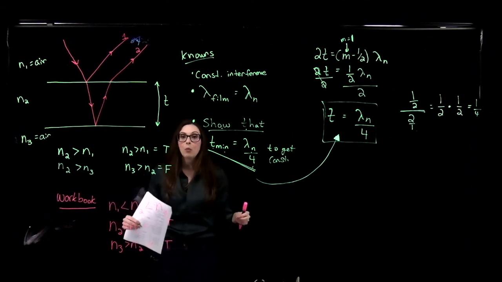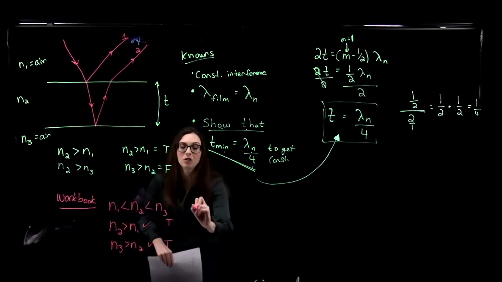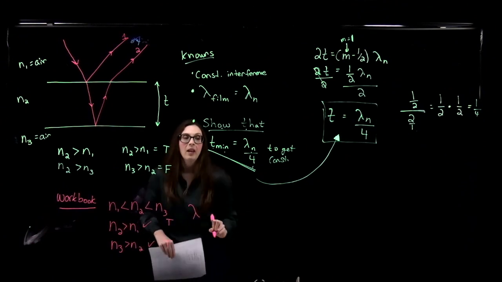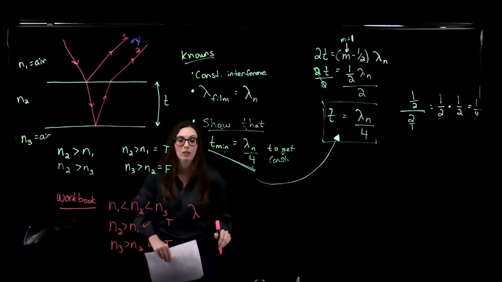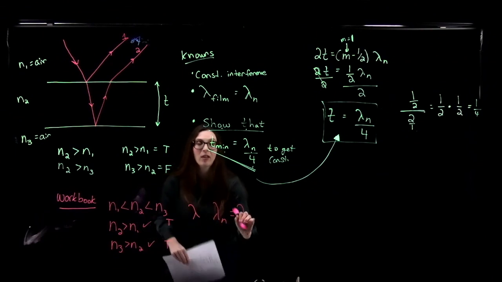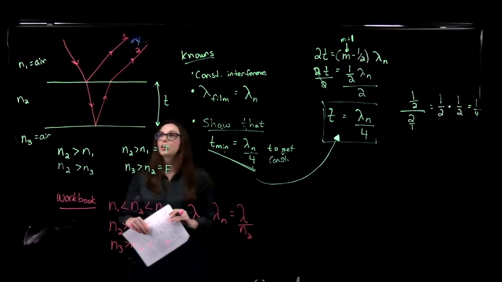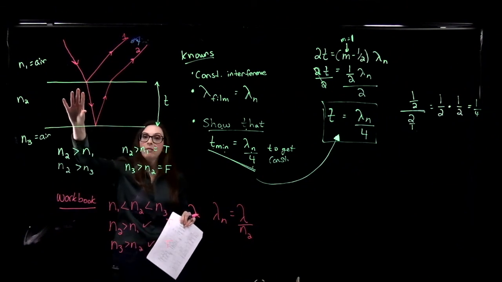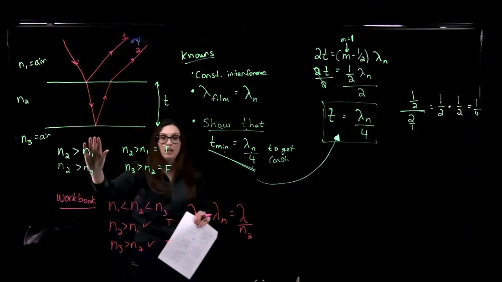If you hear that, the wavelength of light incident on the film, that's just lambda. And then in order to get lambda n, the wavelength of light inside the film, lambda n is equal to the wavelength of light incident on the film divided by the index of refraction of that film material that's sandwiched on either side by n1 and n3.